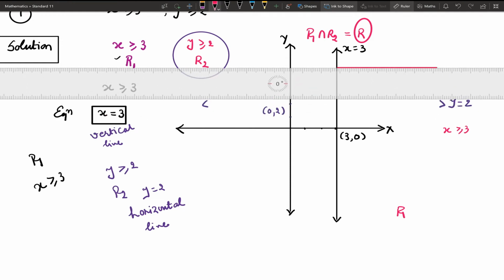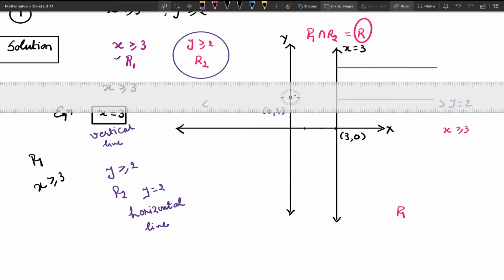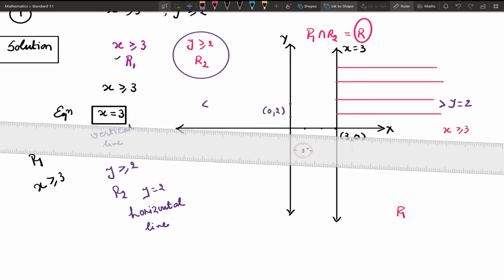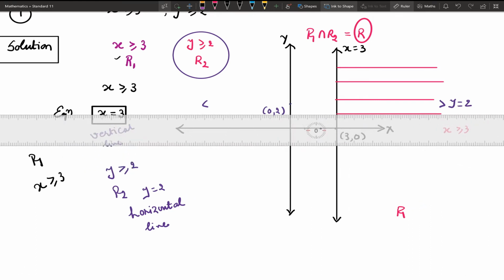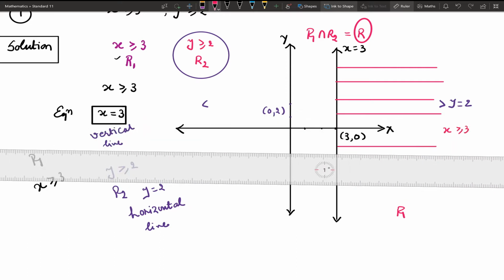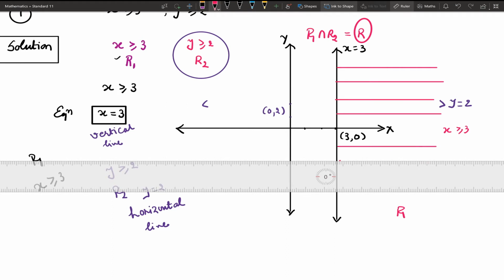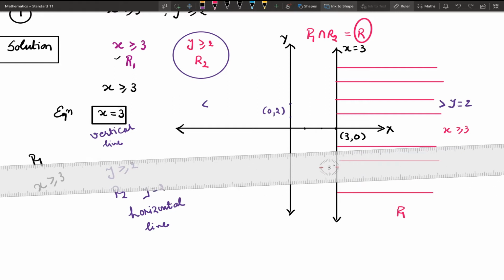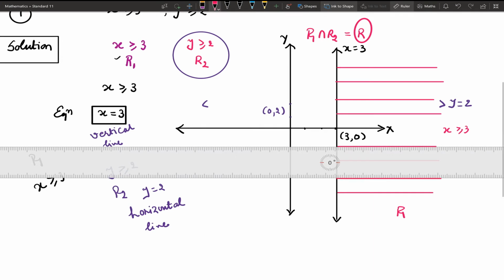So this is R1, in which x is greater than 3. Now y greater than or equal to 2.